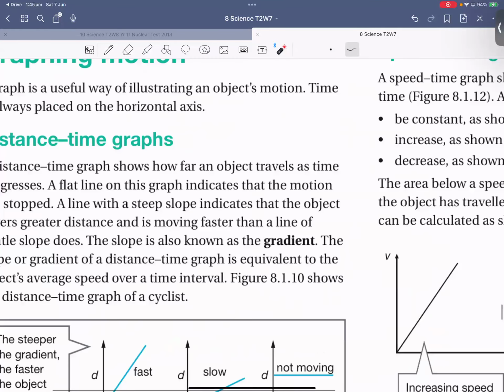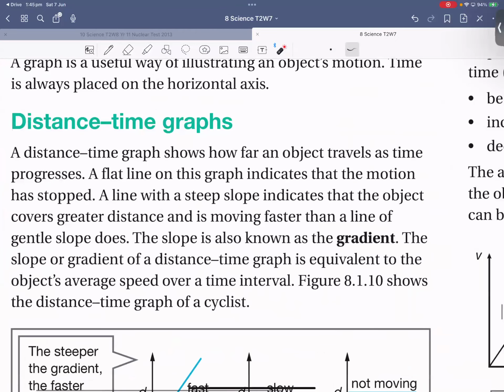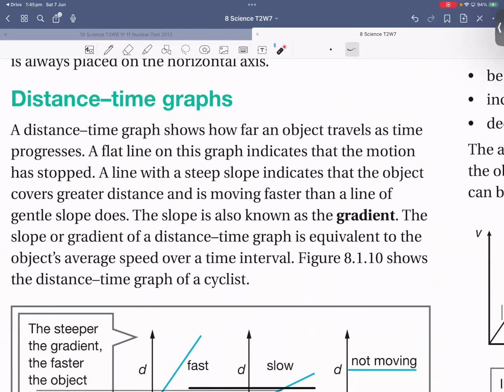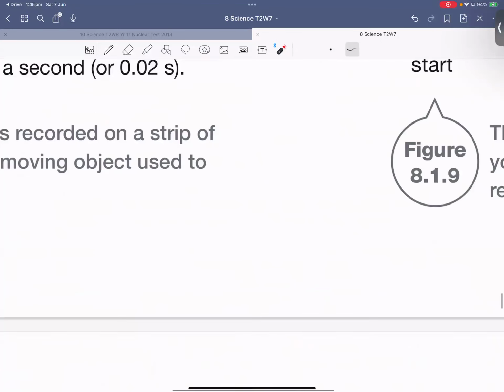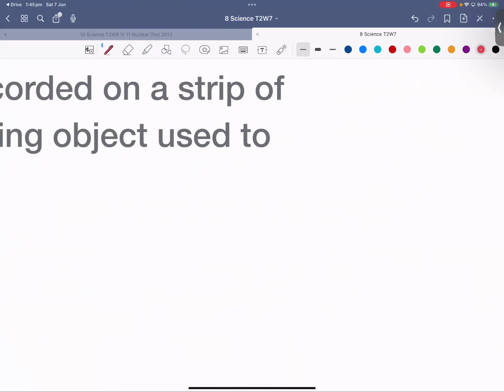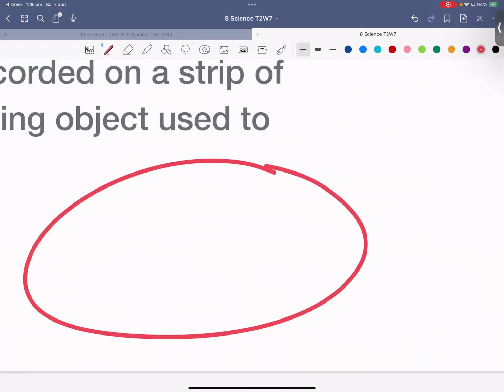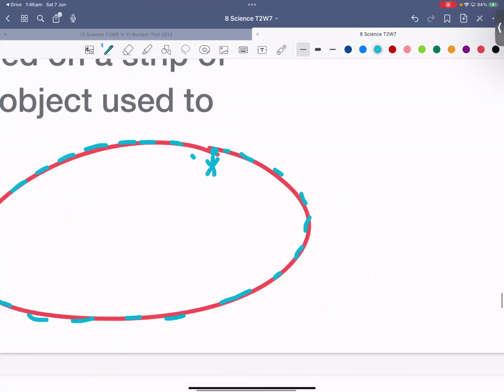Graph number 1, distance time graph. Actually, before we do, one thing. You're running a 400-meter race. For those who don't know, in the 400 you run on an oval. What's the distance traveled after a 400-meter race? Good.